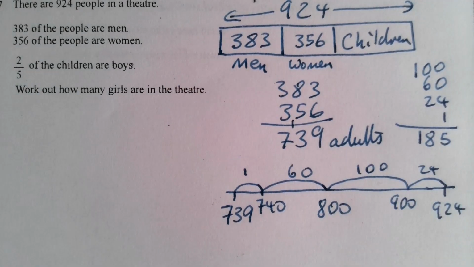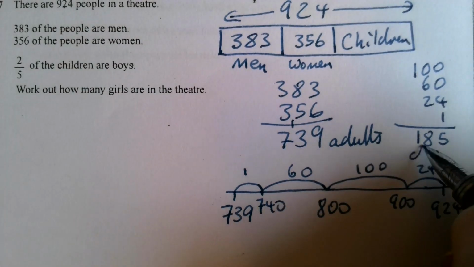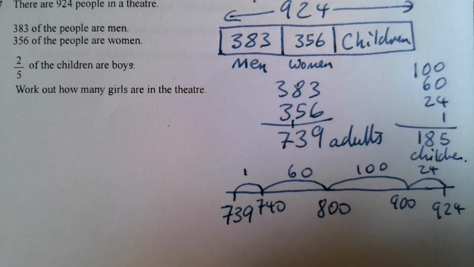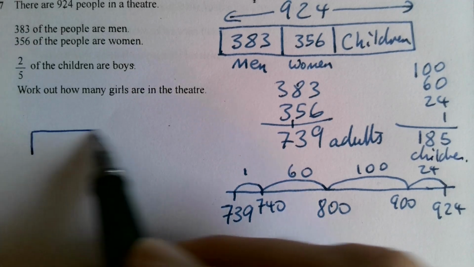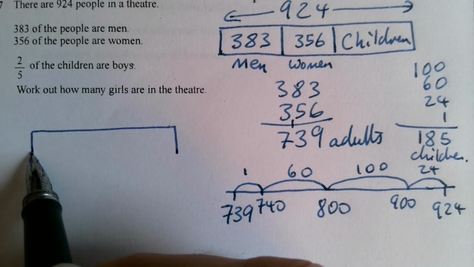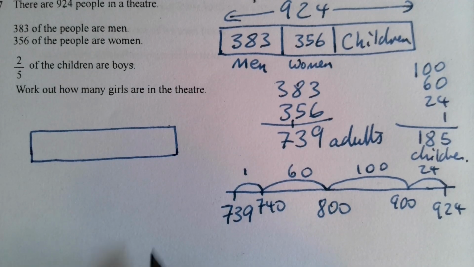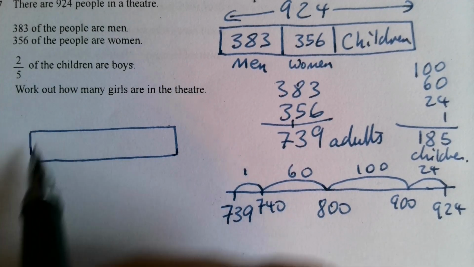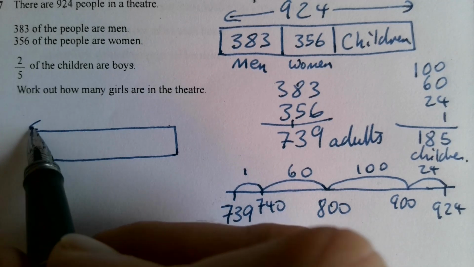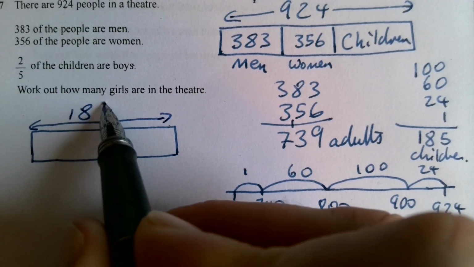So that's how many children we've got. Then those children need to be divided into fifths. We've got 185 of them.